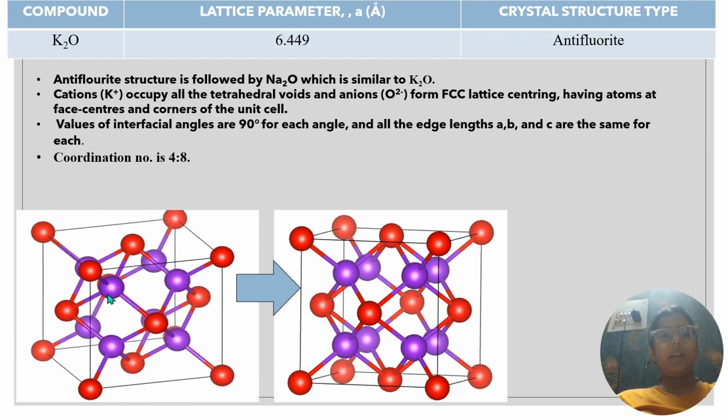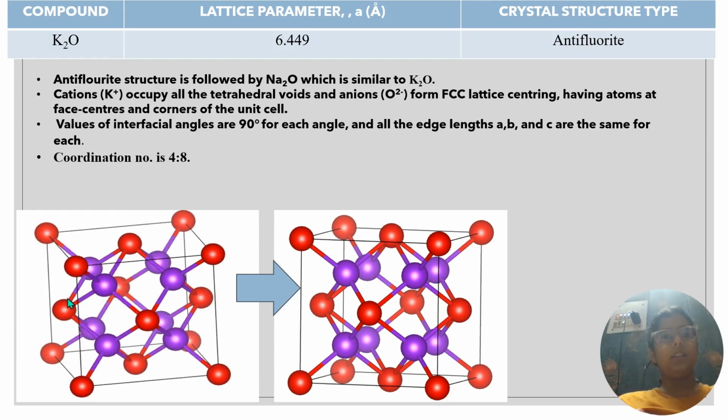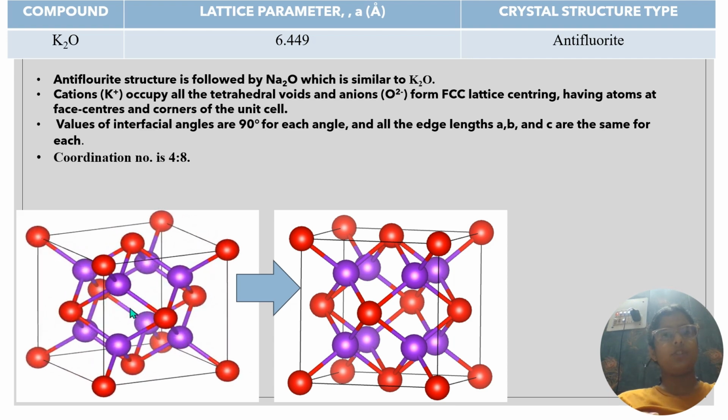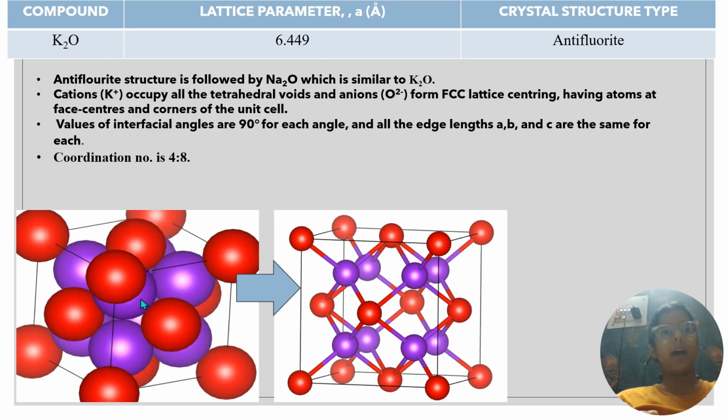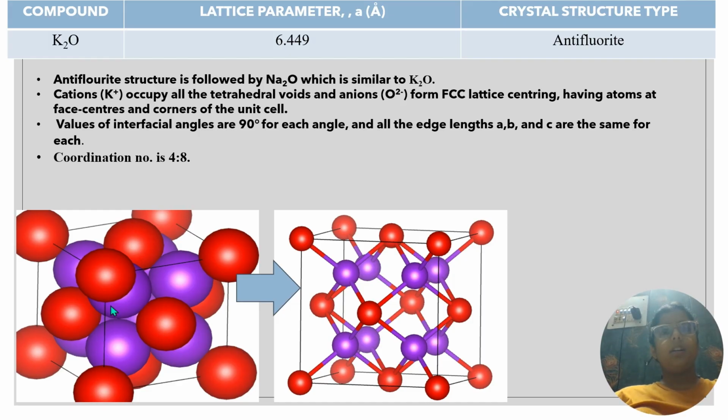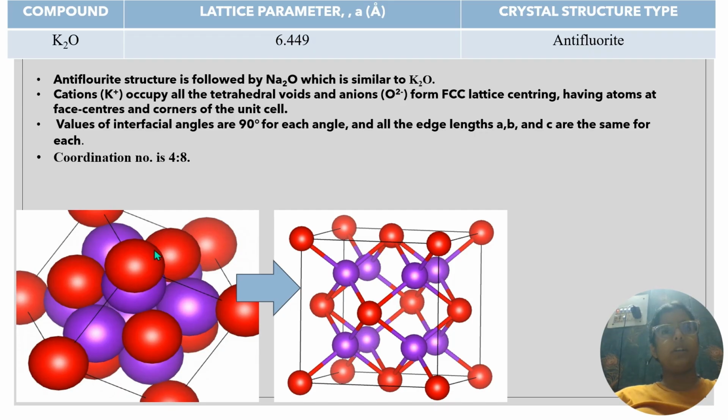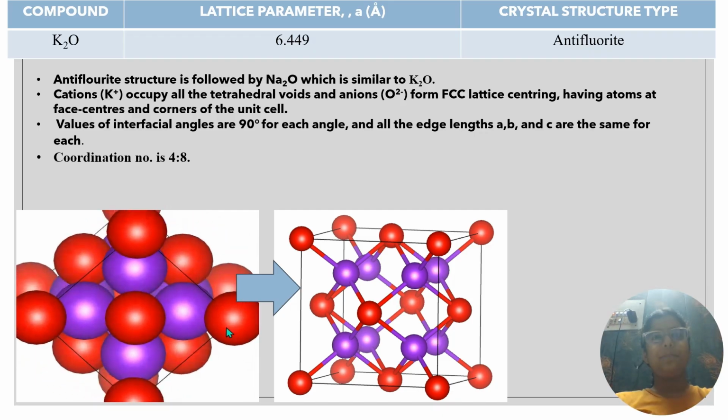So if we take a look at this video rotating the crystal structure, we can see the tetrahedral voids being occupied by purple potassium ions and the red oxide ions occupying the corners and the face centers.